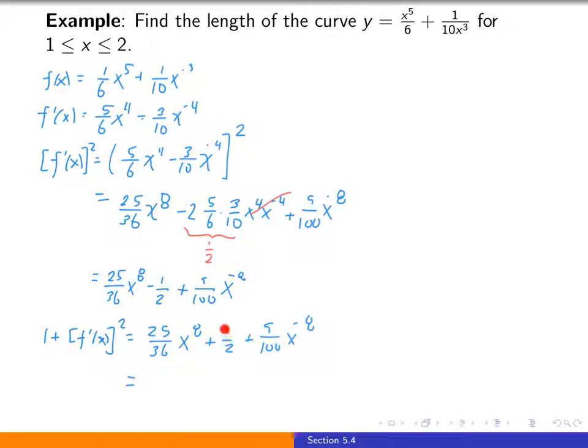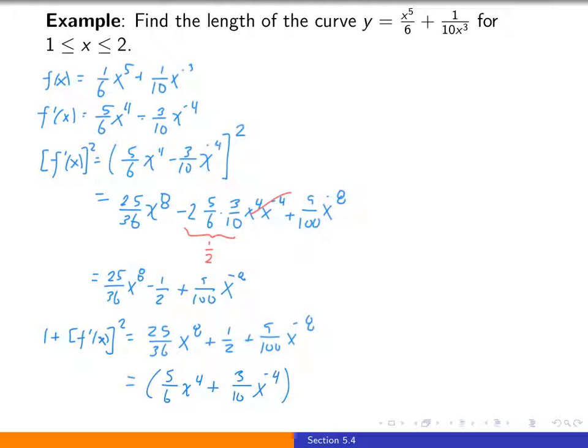So the only difference between these two would be replacing the minus here with a plus, which would replace the minus up here with a plus. So what we actually have is exactly what we started with, except instead of a minus, it becomes a plus. So that's a very important observation. So we end up having 5/6 x to the fourth, now because it's a plus 1/2 in the middle, plus 3 over 10 x to the minus 4th.